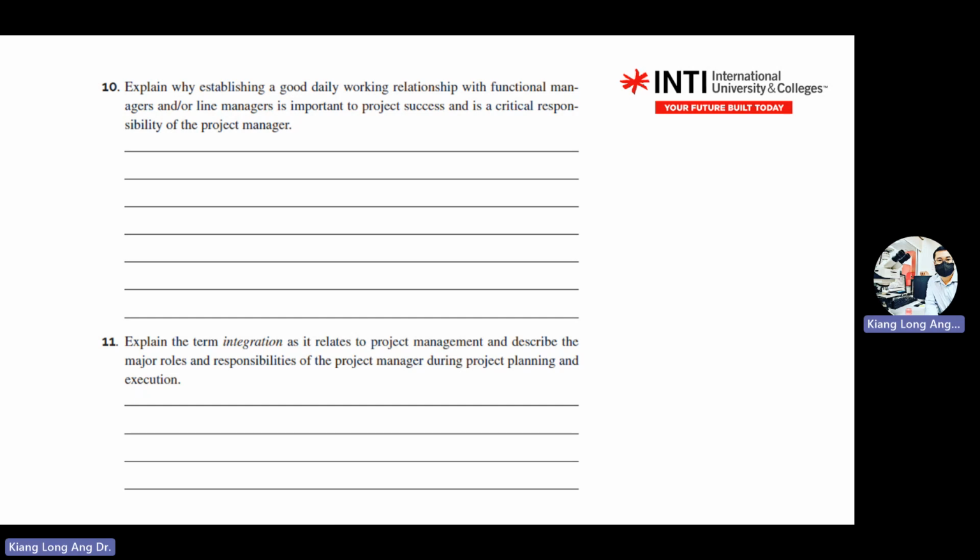The interrelate is a definition here. There are two components here. One asks you to explain. So this one, integration, means you mention the word interrelationship or interrelated between the two components. One is the project components and planning processes.